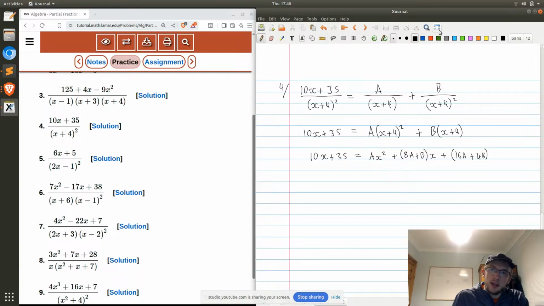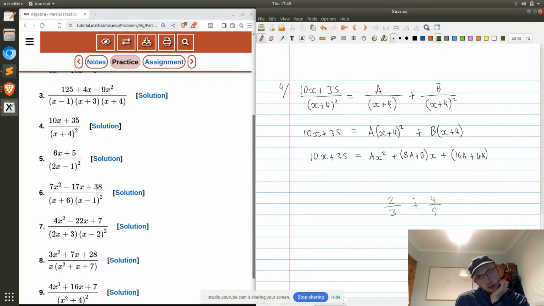So let's just think. Instead of looking at the notes, let's think. What do I do? Times that by 3 and that by 3, and I don't do anything to that.